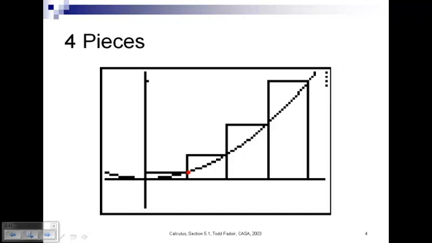If I break the interval from 0 to 1 down into 4 equal pieces, I'm going to go from 0 to a quarter, from a quarter to 1/2, from 1/2 to 3/4, and then from 3/4 to 1. 4 equal pieces. Each of those rectangles has the same width, and it's 1/4.